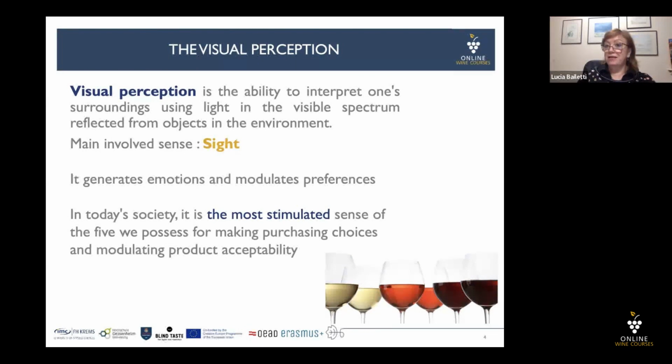Main involved sense: sight. It generates emotion and modulates preference. In today's society, it's the most stimulated sense of the five we possess for making purchasing choices and modulating product acceptability.